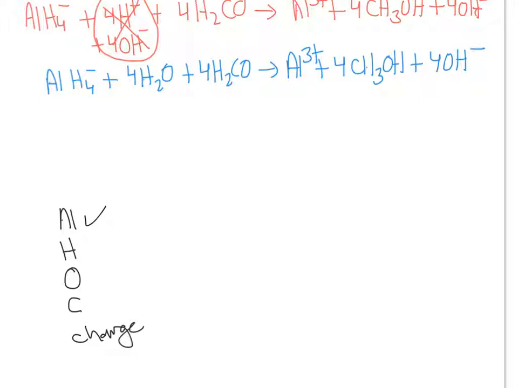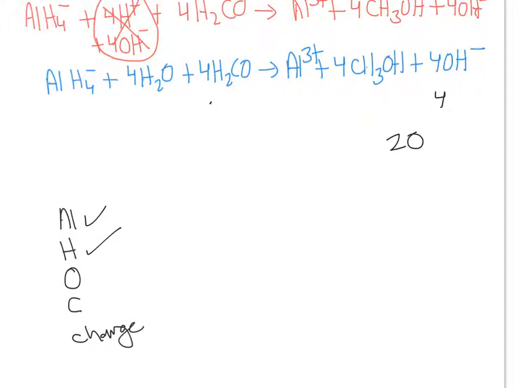Hydrogens, let's see, we have 4 right here. 4 times 2 is 8, and 4 times 2 is 8, for a total of 20 on this side. Here we have 4 times 4 is 16, plus 4, that makes it 20, so the hydrogen checks.